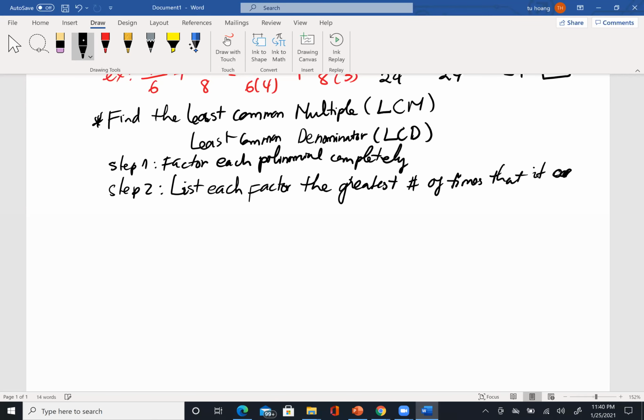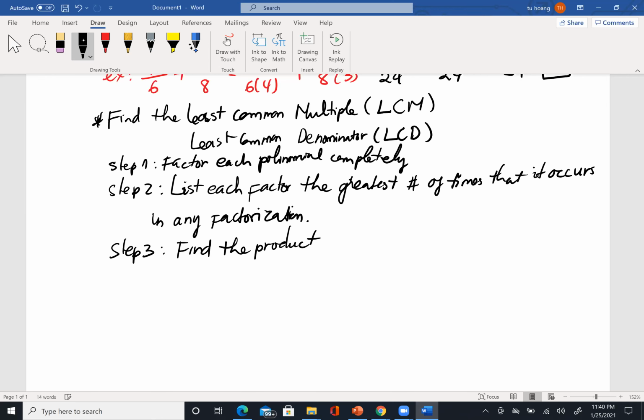And step number 3, you find the product of the listed factors.